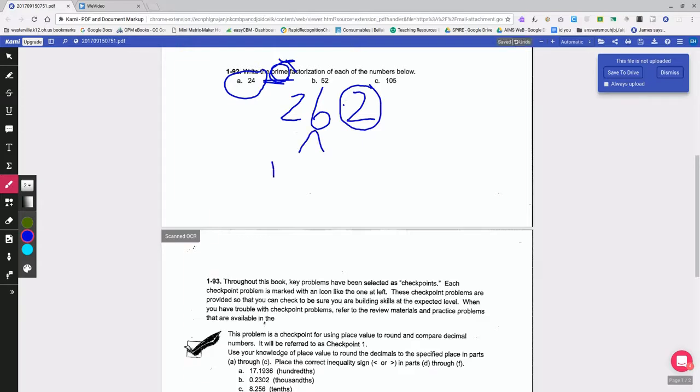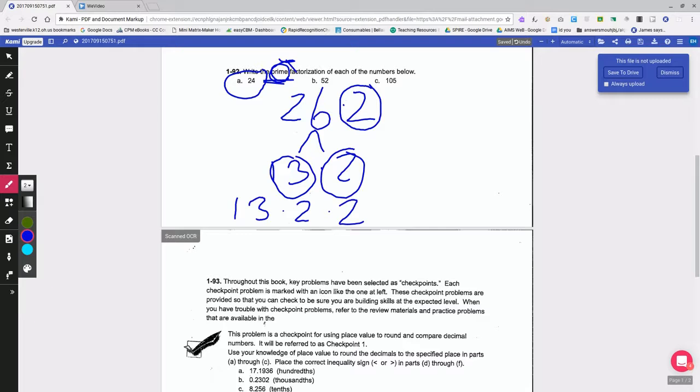So 13 times 2. Now 13 is prime and 2 is prime. So I circle those, and if I was going to rewrite my prime factorization, it would be 13 times 2 times 2, just like that.